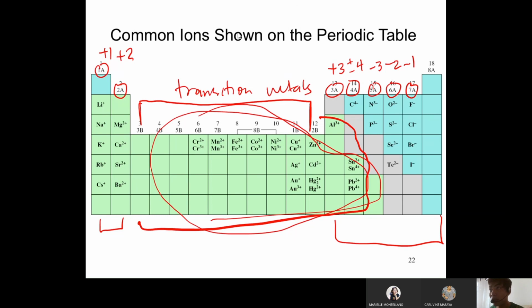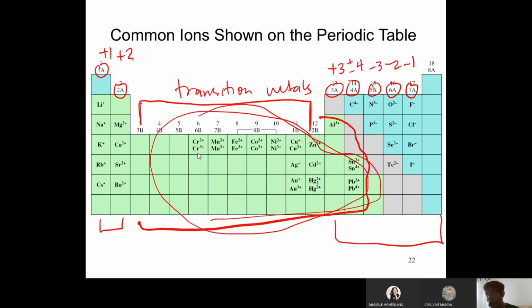The rule of which group they are in determining their charge is not applicable. As we'll learn in later chapters, they contain d orbitals, and their d orbitals can release multiple electrons at a time. So they can release more electrons than typical. They don't really follow a pattern.